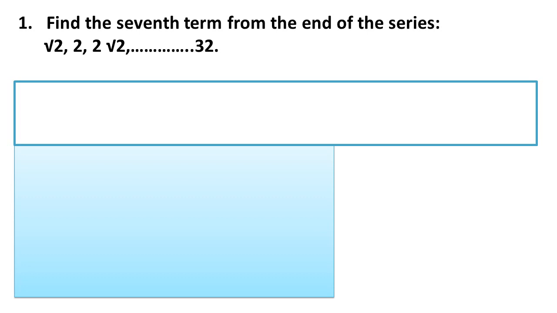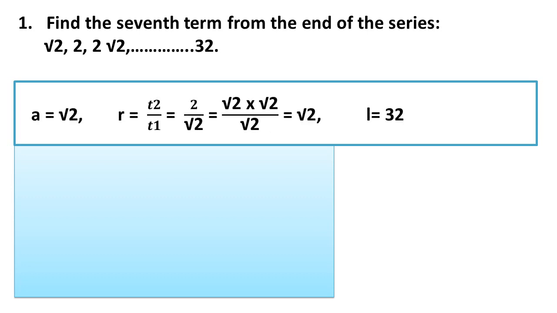List out the given terms: A is root 2, the common ratio R is 2 by root 2, rationalize the denominator, hence the value is equal to root 2, and the last term L is 32. So to find the nth term from the end, the formula that we have to use is Tn is equal to L by r to the power n minus 1.